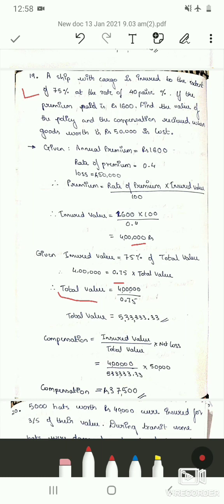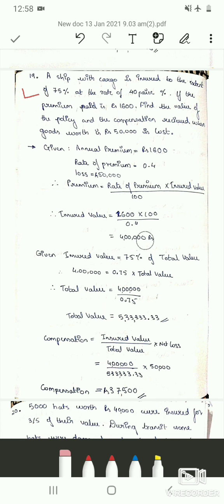So we want the value of total value, which is rupees 4 lakhs by 0.75. Therefore the value of the policy or the total value is 5,33,333 rupees. So this is the total value.